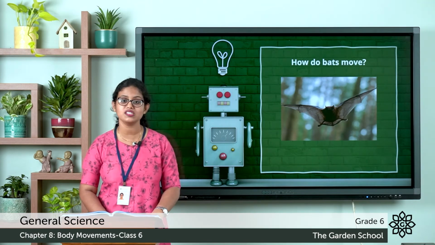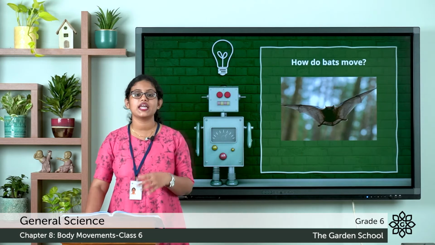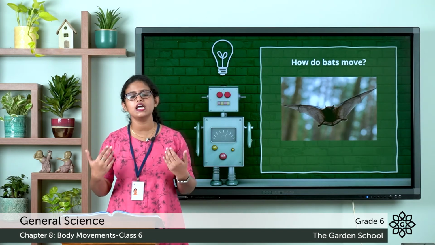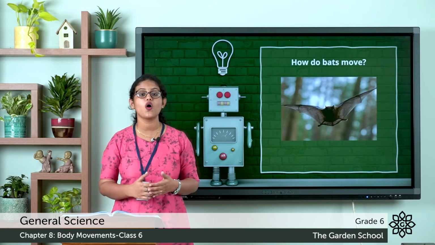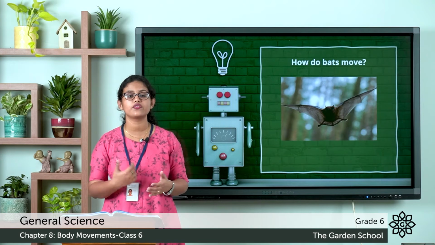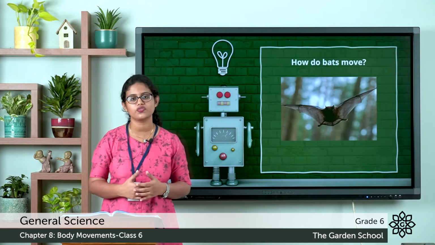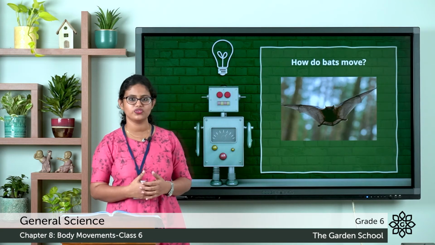Do they have feathers? No. Their forelimbs, that is their limbs at the front, form the webbed wing, and to fly, they flap their spread out fingers. So this is how the bats move.